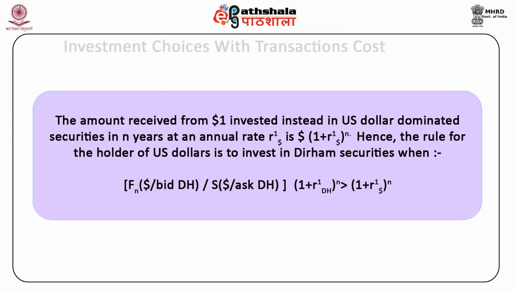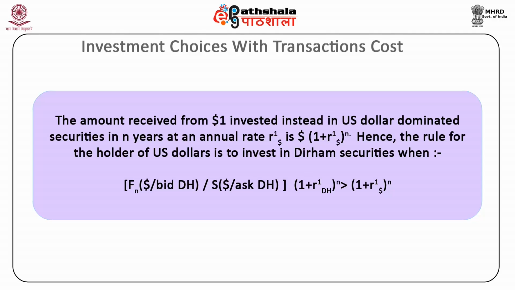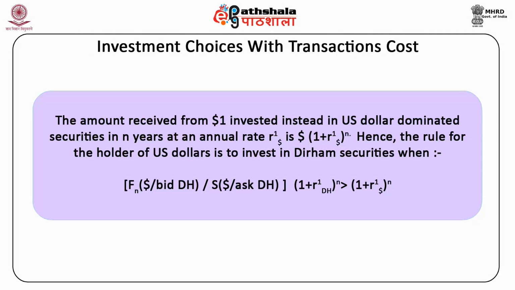The amount received from $1 invested instead in US dollar denominated securities in n years at an annual rate R dollars is 1 plus the return on dollar, whole raised to the power n.